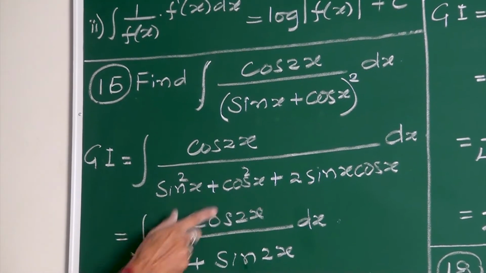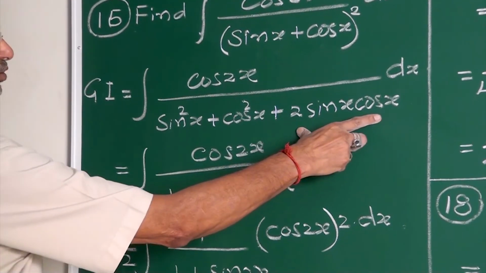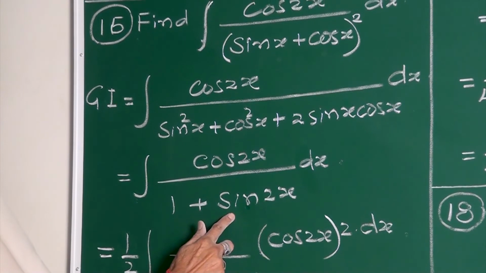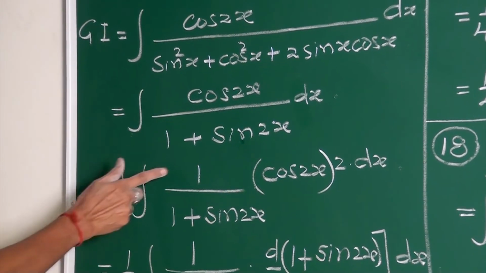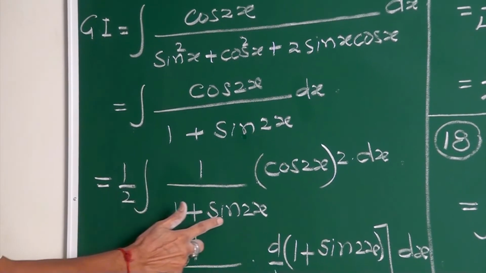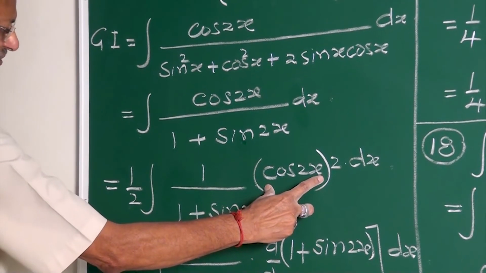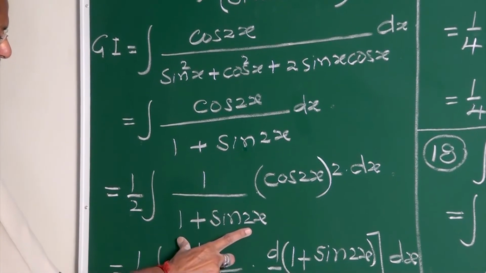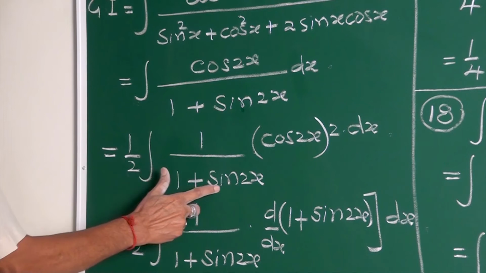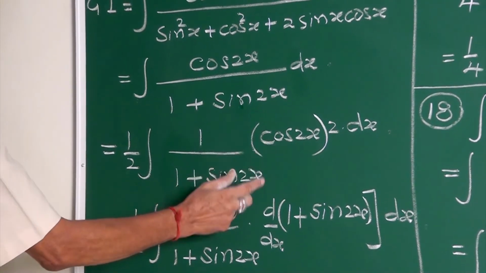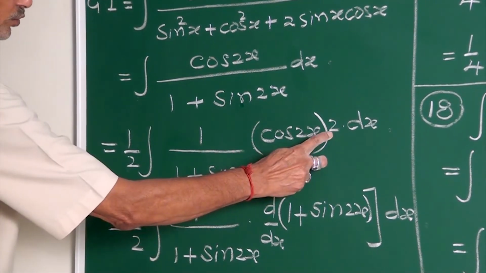But sin square plus cos square is 1, and 2 sin x cos x is sin 2x. So this is the integral of cos 2x upon 1 plus sin 2x dx. What is the derivative of 1 plus sin 2x? Derivative of 1 is 0, plus cos 2x into the derivative of 2x, which is 2.